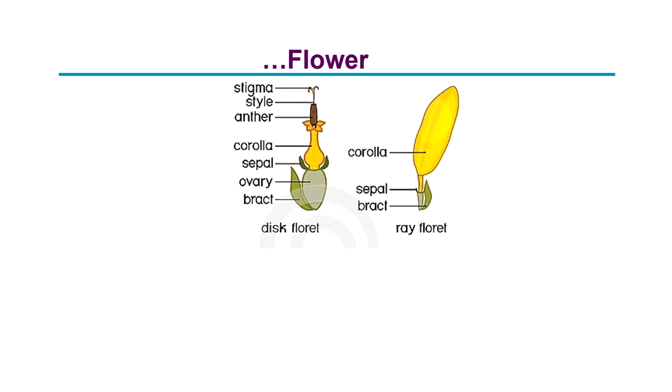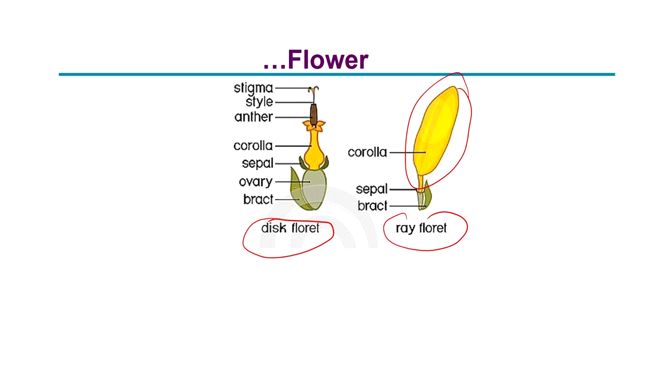Now you can see the structure of a floret of sunflower. On the right side you can see this is a ray floret which has a bract, sepal is also there, part of the calyx, and this is the corolla which attracts the honeybees and other pollinators. Now you see the disc floret. This disc floret has both male and female sex organs, and it will produce the seeds.